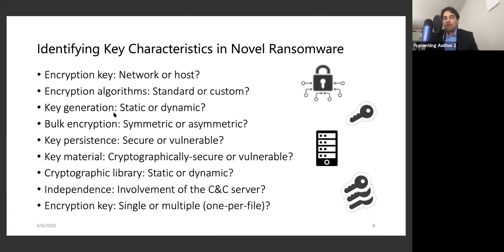So we have also recognized some key characteristics in novel ransomware that we need to understand right away when we see a novel threat. These are the questions we need to be thinking about. Is the encryption key network-based or host-based? If it's generated on the host, or if it's present on the host, then that's a different scenario than if it's acquired over the network, because network keys can be blocked at the firewall level.